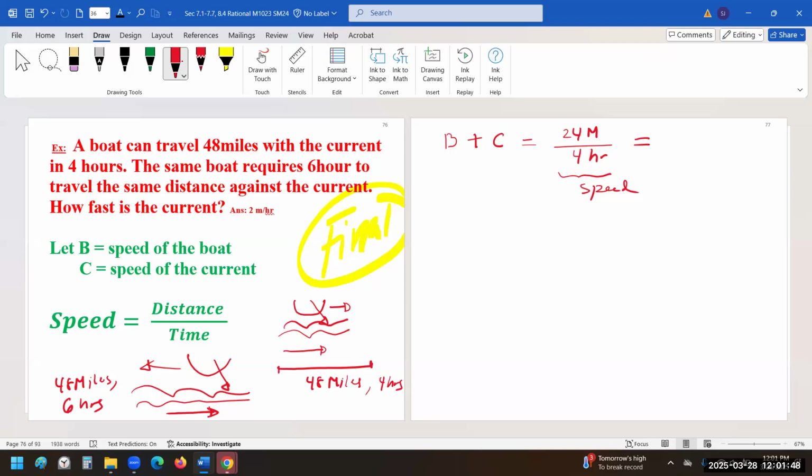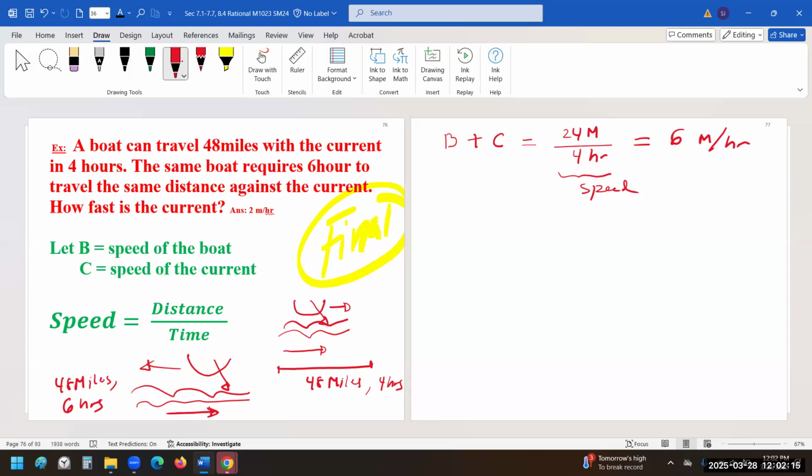What do you have? 12. 12. So when you are going with the current, your speed is 12 miles per hour.